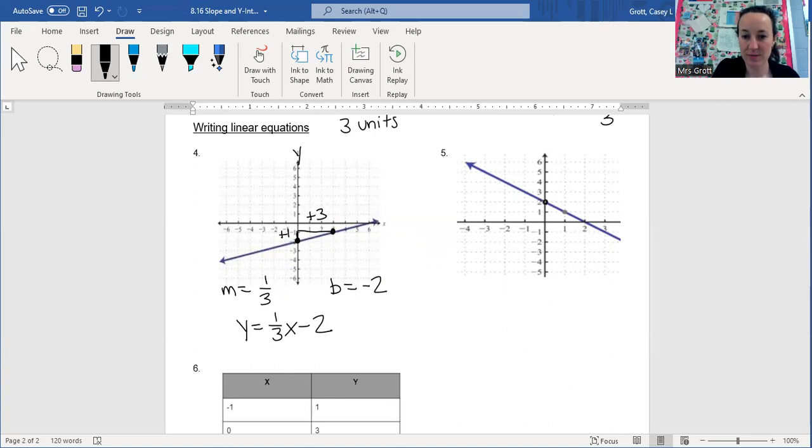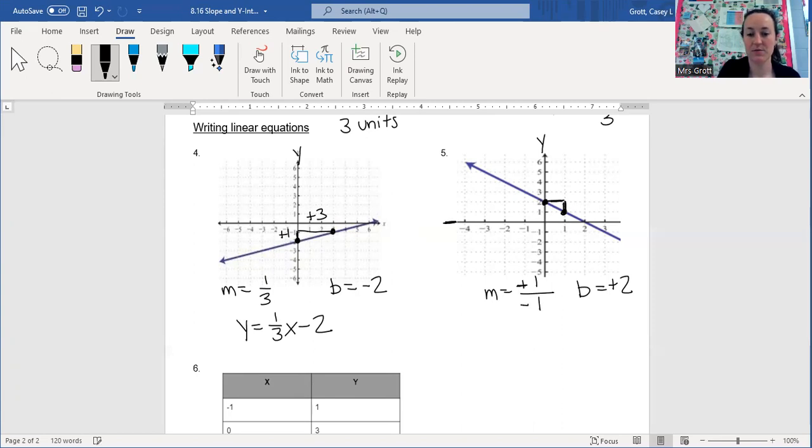Looking at the next graph, so there's a point here and there's a point here. So what's my slope? What is my y-intercept? Well, I'm crossing the y-axis at +2. My slope, I know, is going to be negative. So I go up 1, so +1. And then I go over 1 long box to the left.